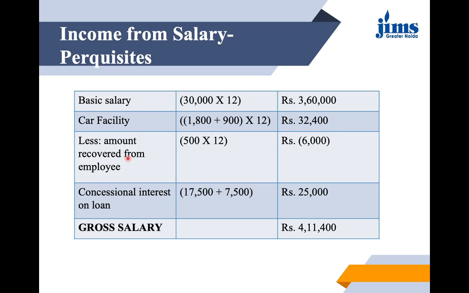Then we need to deduct the amount which is being recovered from the employee, meaning whatever amount the employee is paying. He is paying rupees 500 per month, so we will be subtracting 6,000 from it. Then we do have a concessional interest on loan, that is 17,500 plus 7,500, that is 25,000. So the gross salary in this case is 4,11,400.